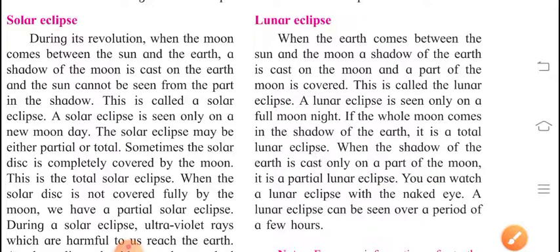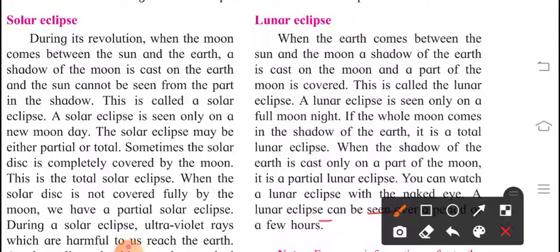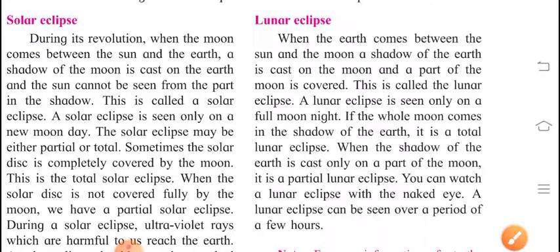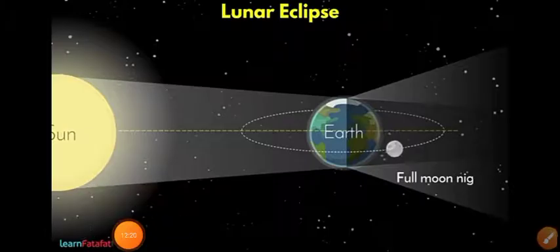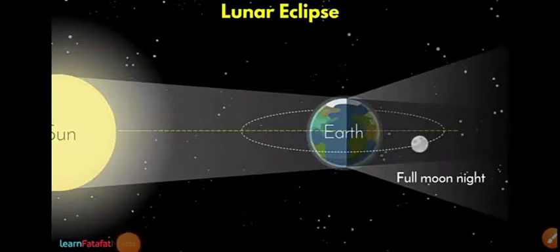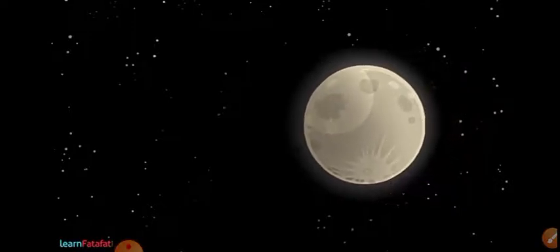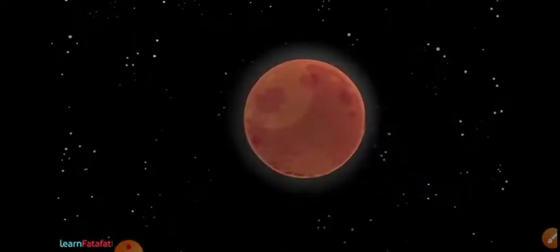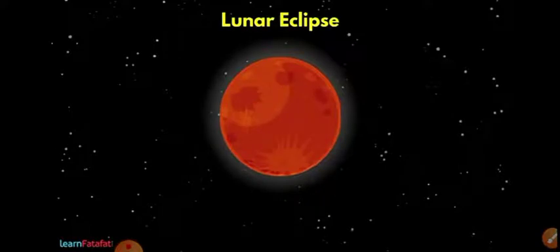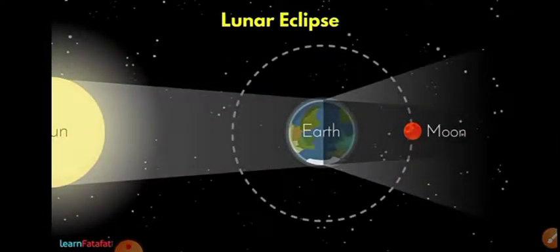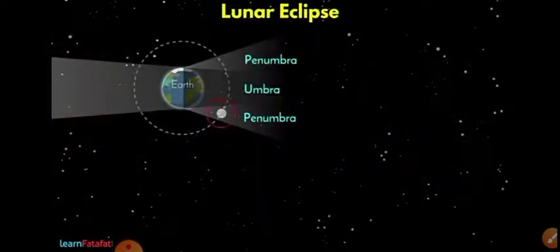You can watch a lunar eclipse with the naked eye. A lunar eclipse can be seen over a period of a few hours. So this is the topic about lunar eclipse. Lunar eclipse means earth is between sun and moon. So here also we are getting penumbra and umbra.